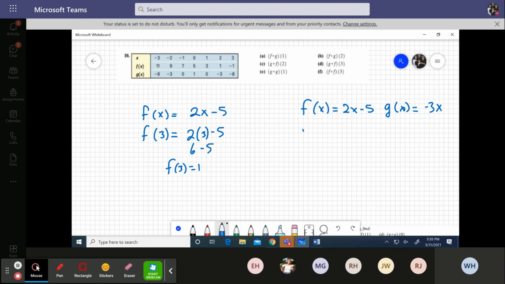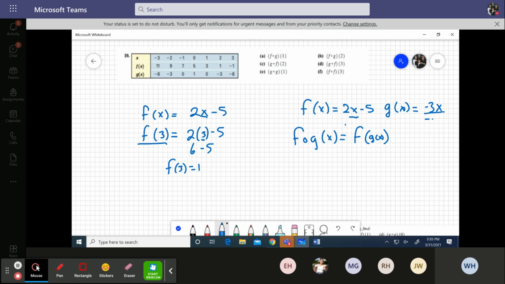If I have f of g of x, I have to put the function g of x inside, just like I replaced this x with the 3. I have to replace this x with the function g of x.